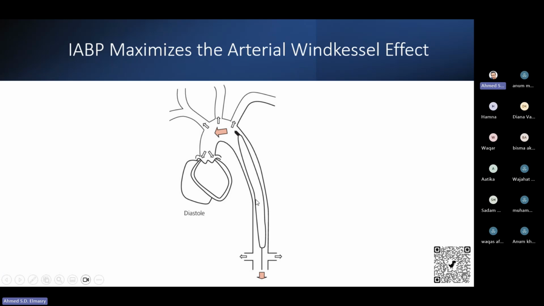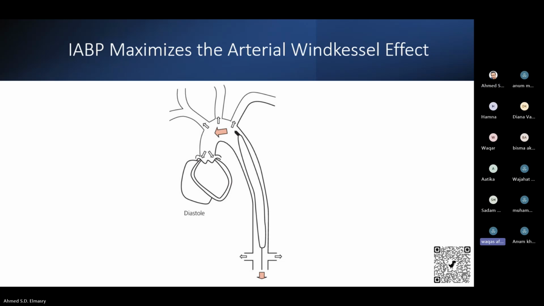It is simulating and maximizing the arterial Windkessel effect. So you are just increasing the blood flow to the distal organs because the inflation of the intra-aortic balloon during the diastole will cause displacement of the blood to the brain, to the heart, to the kidney, to the distal organs. And this is what the body is normally doing during the diastole.